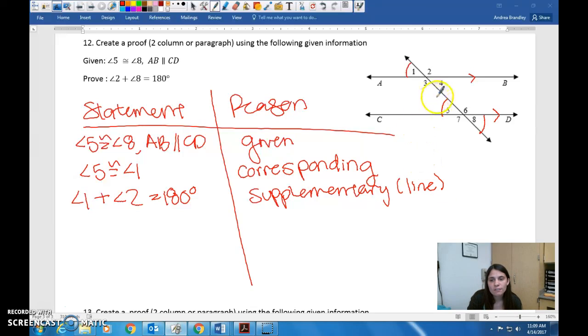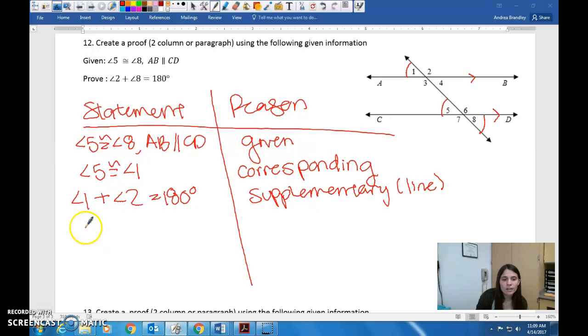So if angle 5 is equal to angle 1, and angle 1 plus angle 2 is 180 degrees, well, then angle 5 plus angle 2 must be 180 degrees, and angle 8 plus angle 2 must be 180 degrees because they're all the same.